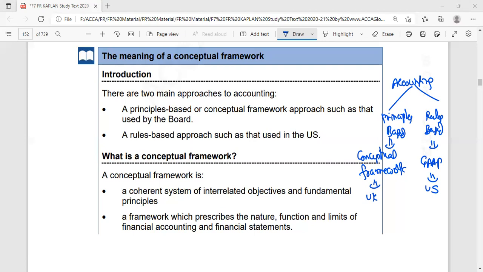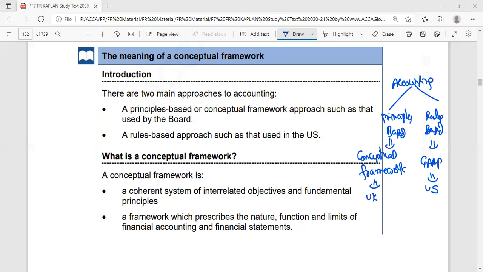The conceptual framework provides a set of rules and guidelines for recording the financial transactions and reporting the financial activities. That means how to recognize the transactions and events relating to the entity, how to record them, how to present them in the financial statements, and how to disclose and report them to the users of the financial statements of the entity.